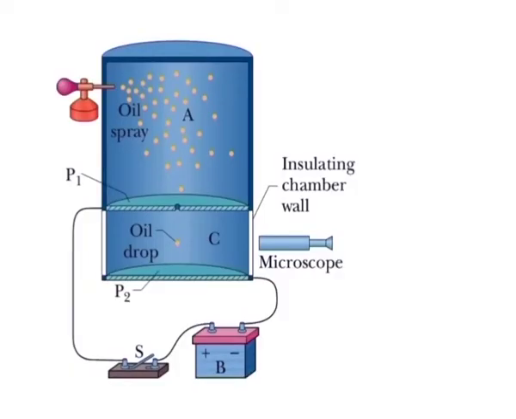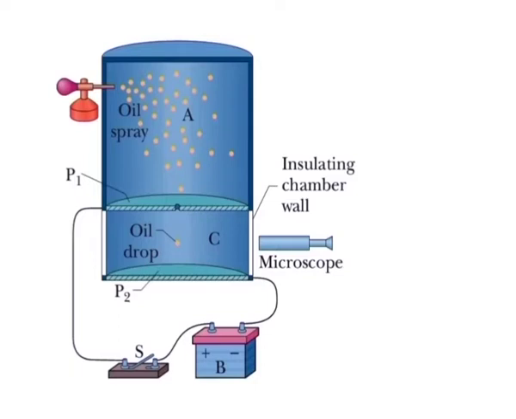Measuring the elementary charge. This figure here is a representation of an apparatus to measure the elementary charge e. It is named the Millikan oil drop apparatus after American physicist Robert A. Millikan, who worked on it.